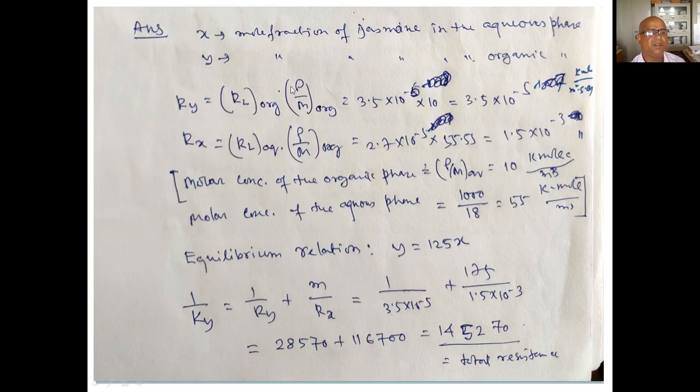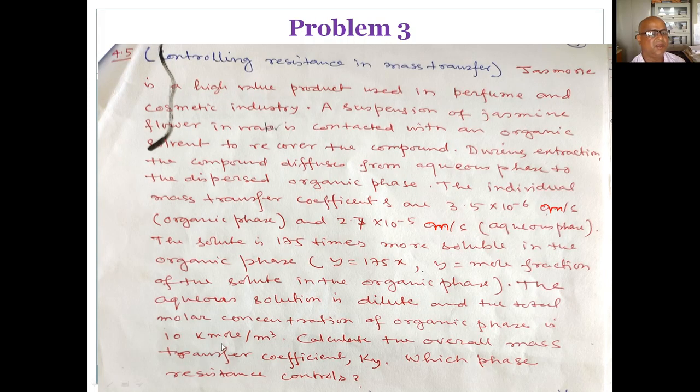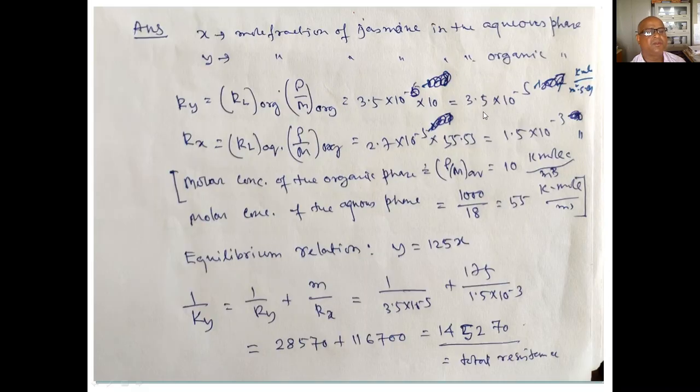So this is the conversion factor. We have studied this already in chapter 3. That's why I am telling you to remember chapter 3, how to convert one mass transfer coefficient into another. So it is 3.5 into 10 to the power minus 6 times rho by M organic, which is equal to 10 kmol per meter cube. So this is 3.5 into 10 to the power minus 5 kmol per meter square second.